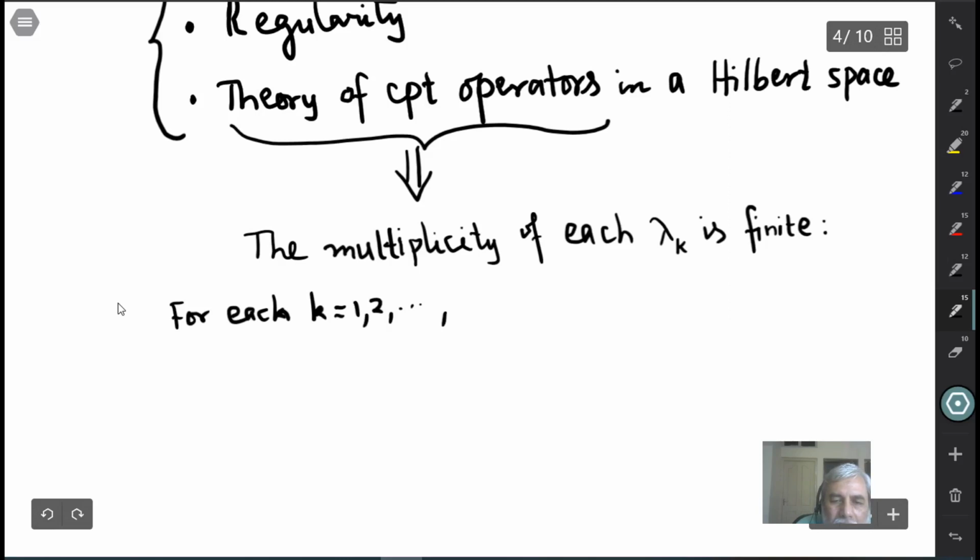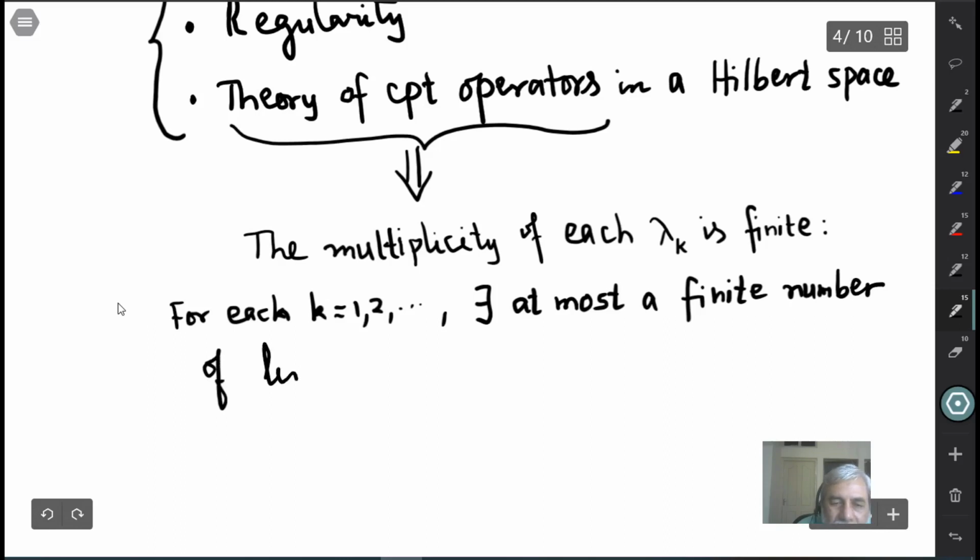Okay, there exists at most a finite number of linearly independent. Okay, so to talk about linear independence, we have to have an underlying vector space.